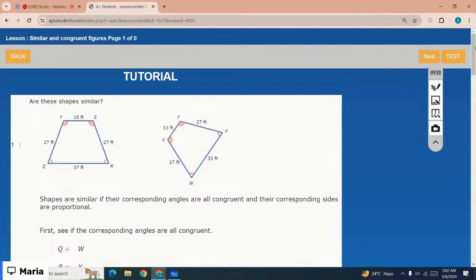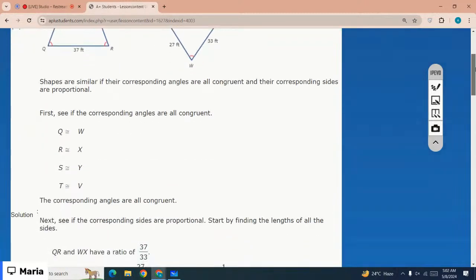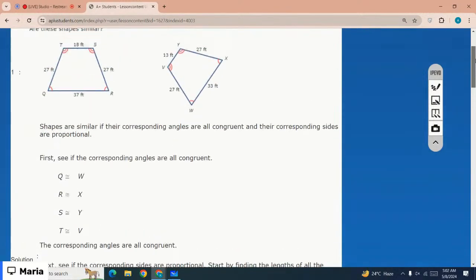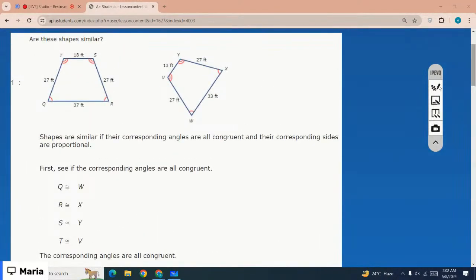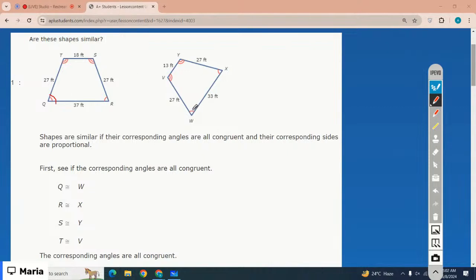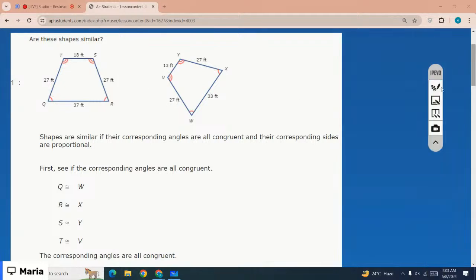You can match the angles that have the same arc. Angle Q is similar to angle W, angle R is similar to angle X, angle T is similar to angle V, and angle S is similar to angle Y. So all the angles are congruent in the figure. Now let's look at their side lengths.